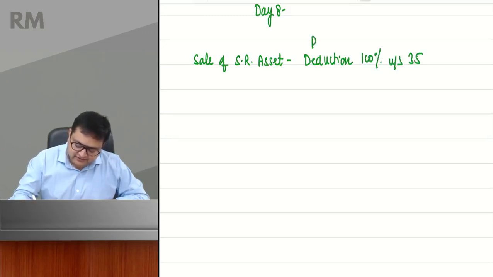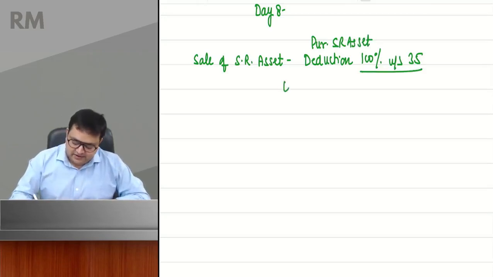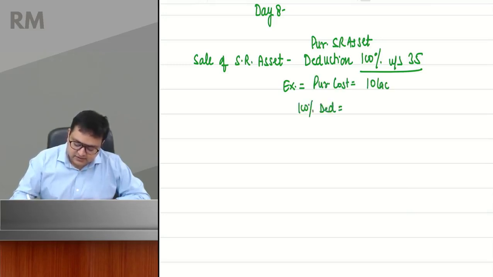Please keep on writing with me. So what does it mean? Example, it's very easy. If the purchase cost of an asset is, let's say, 10 lakh, then you claim 100% deduction, 10 lakh, and the value of this asset comes down to 0, nil.